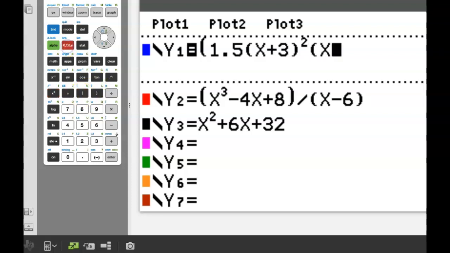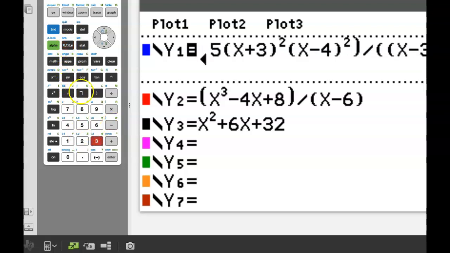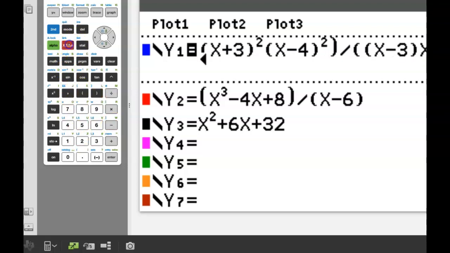And x minus 4 squared. Okay, and all that was over x minus 3, times, is that it? That's it for the denominator?